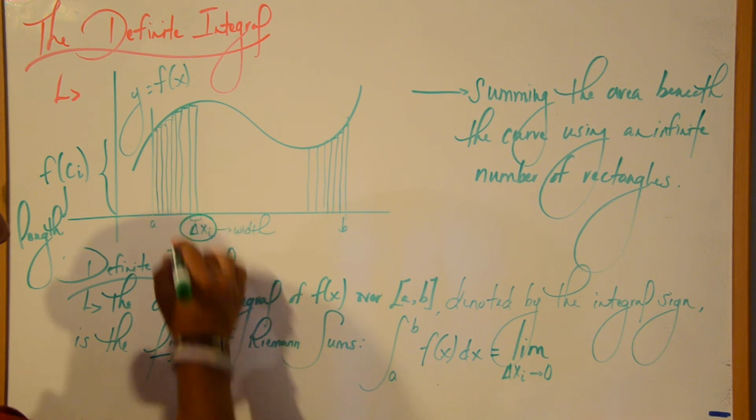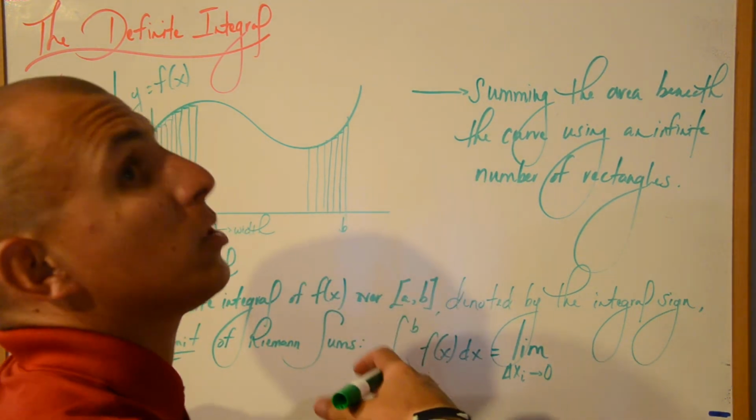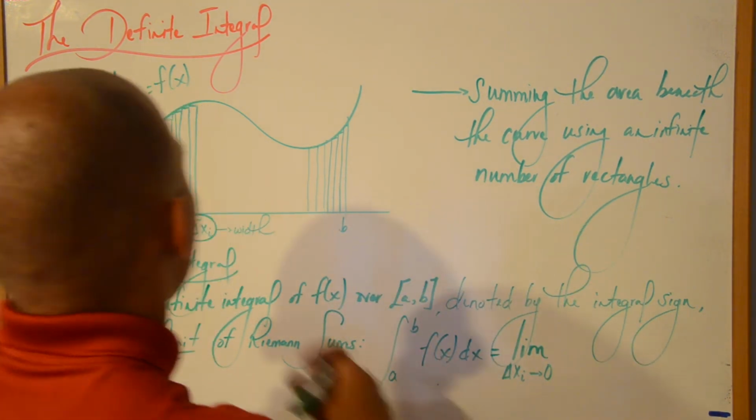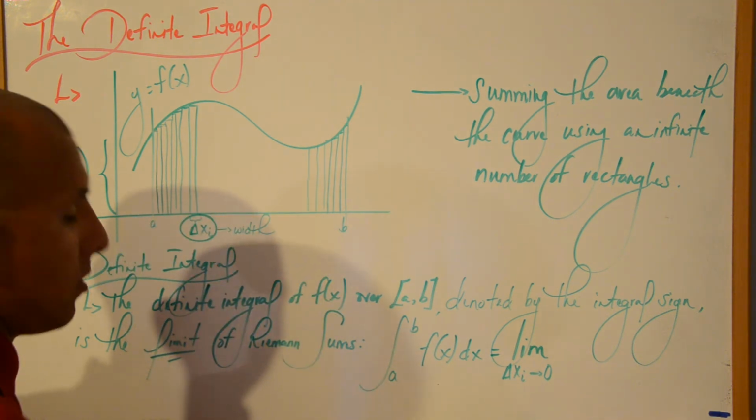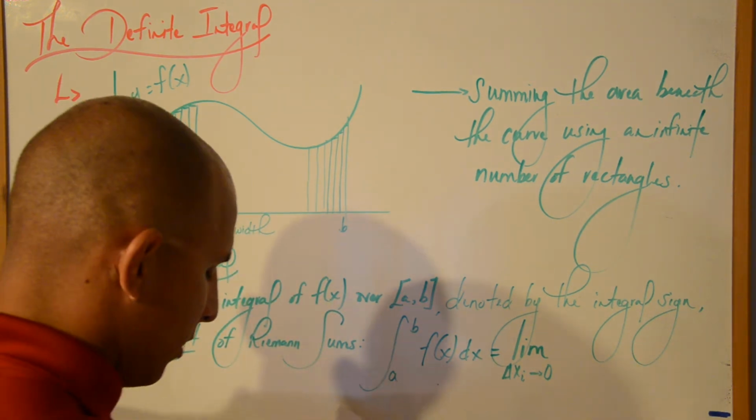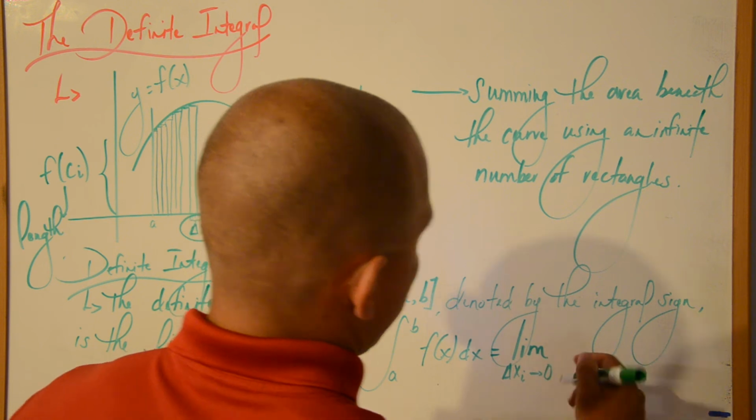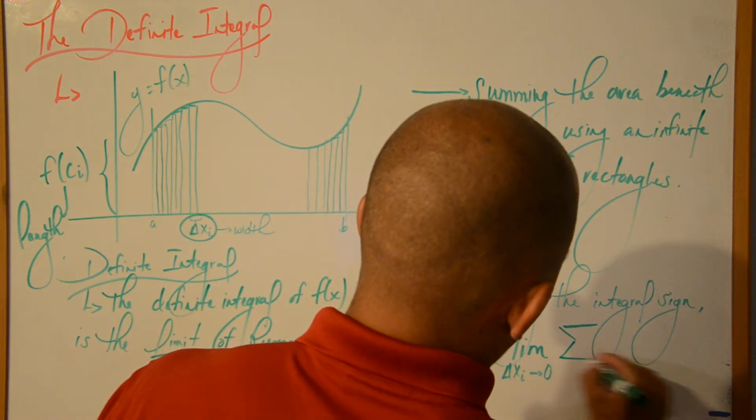So as this width gets smaller and smaller, so as we start to increase the amount of rectangles that we are summing underneath this curve, we're taking that limit and we're summing, right?